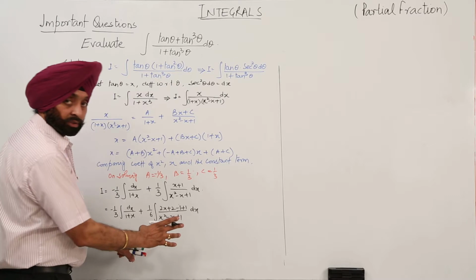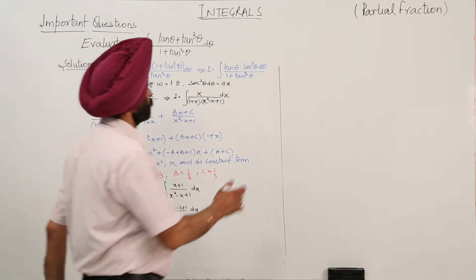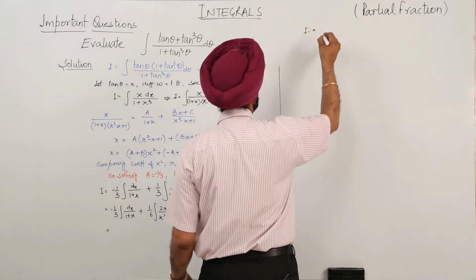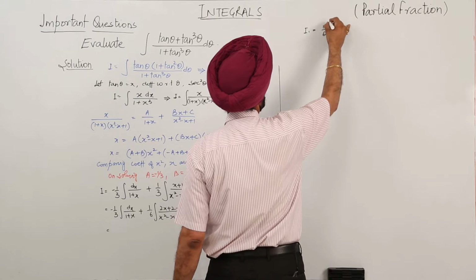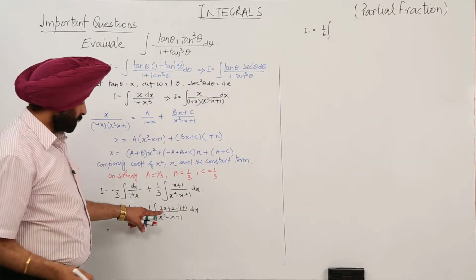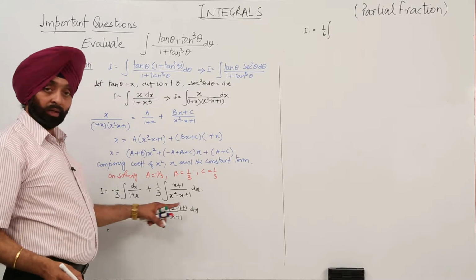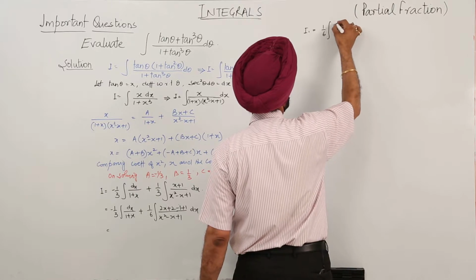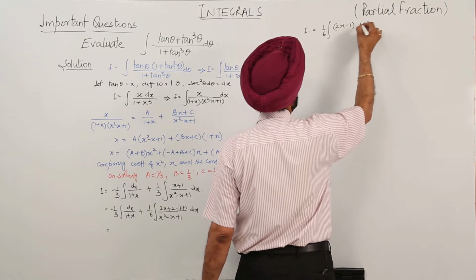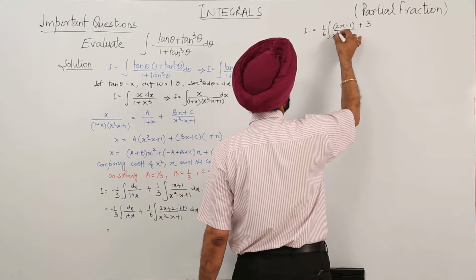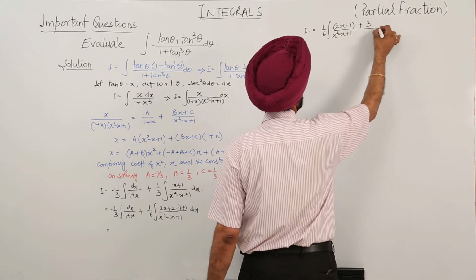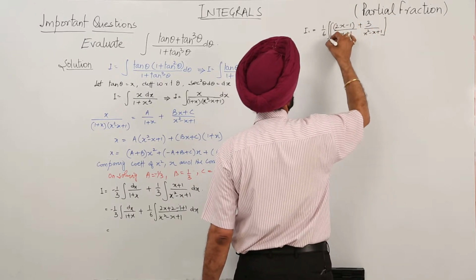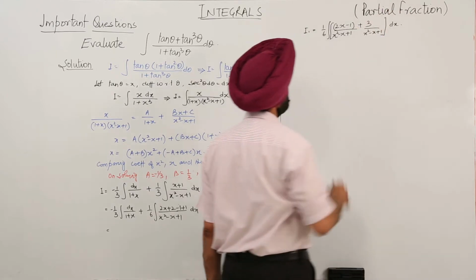Now solving this part first, suppose it is I1, we will have 1 by 6 integration of, now this becomes (2x minus 1 plus 3) upon x square minus x plus 1 dx.